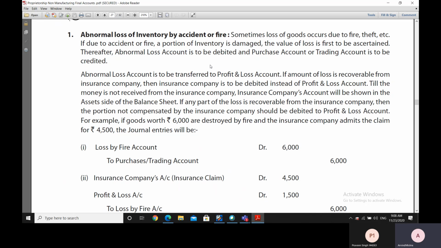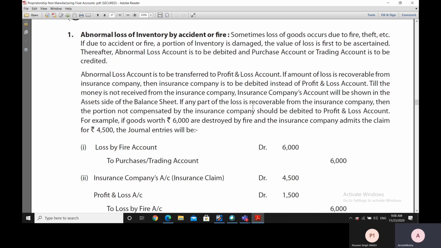The first entry, of course, was abnormal loss debit and credit purchase account. The second entry is abnormal loss credit and debit insurance. We get the money back from the insurance company. The insurance company's account will be shown on the asset side because this is a receivable.